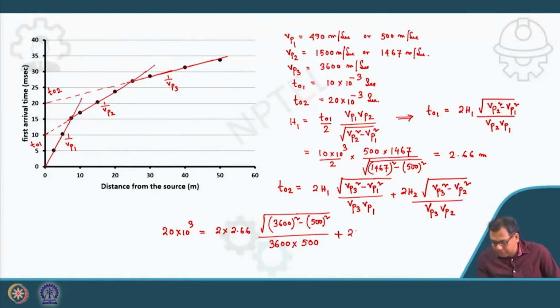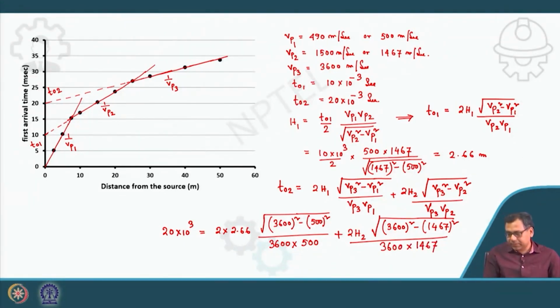So this will be 2H2, then root over Vp3 is 3600 whole square minus Vp2, 1467 whole square, divided by 3600 into 1467. Okay, so from here I will get the value of H2 as 7.6 meter.